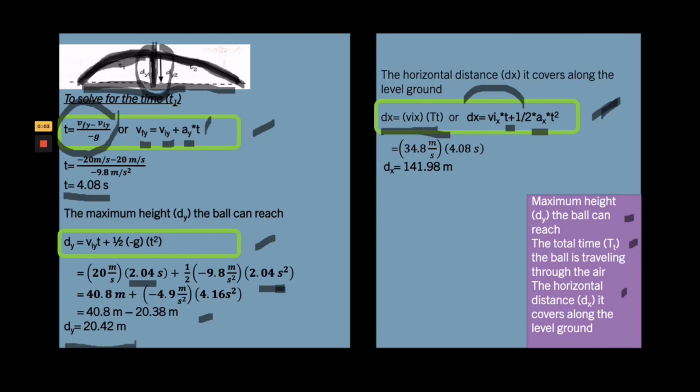But if we talk about the range, the displacement x, we will be using 4.08 seconds. So if we simply multiply, that would actually give us a displacement x, which is equal to 141.98 meters. So that's our total range. That's how far the ball traveled after it reached the ground.